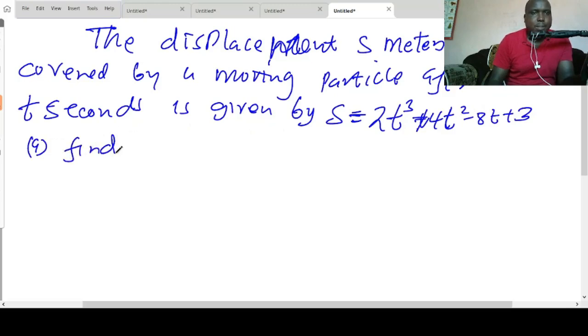Find, one, the velocity at t is equal to 2 seconds.